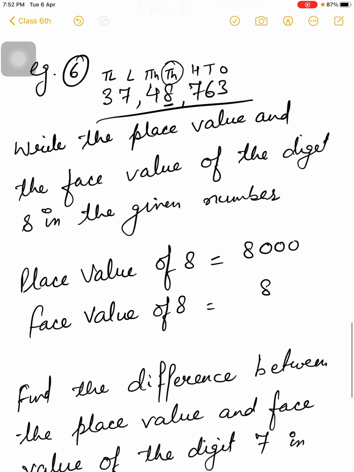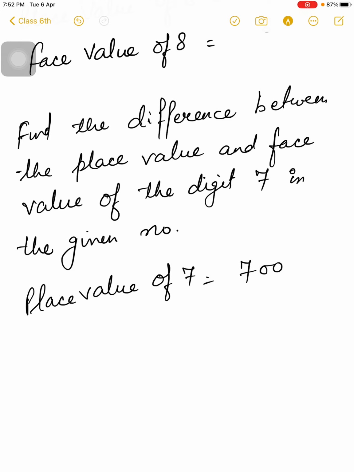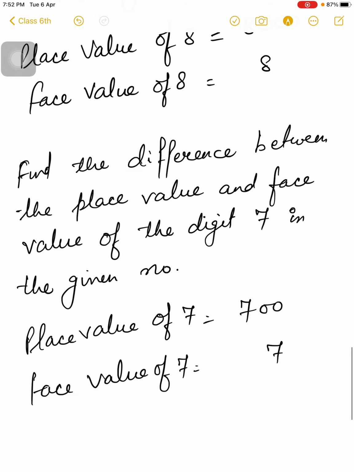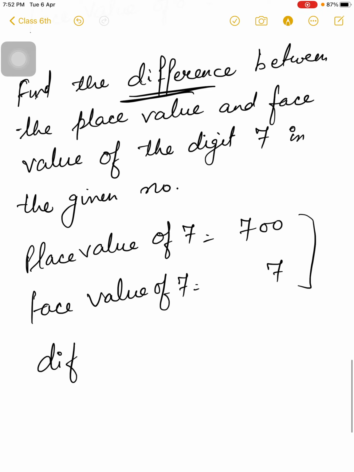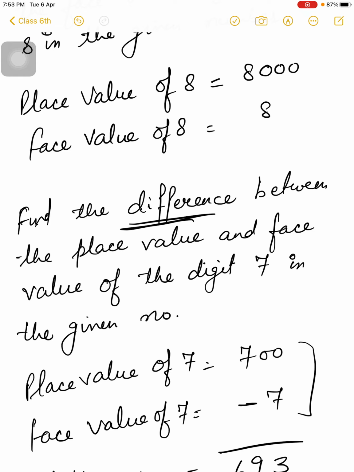Okay, so the place value of 7 is 100. So write it first. Place value of 7 is equal to 700. Then face value of 7 is 7. And now the question is find the difference between both of them. So here difference is equal to 700 minus 7. So it's 693.